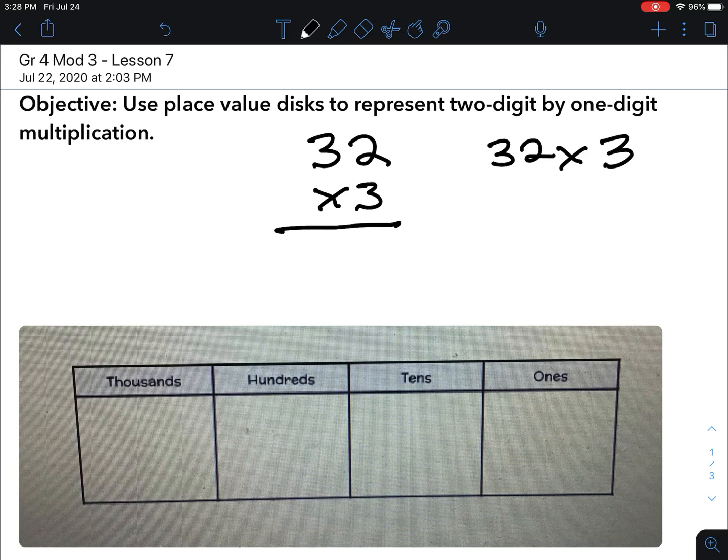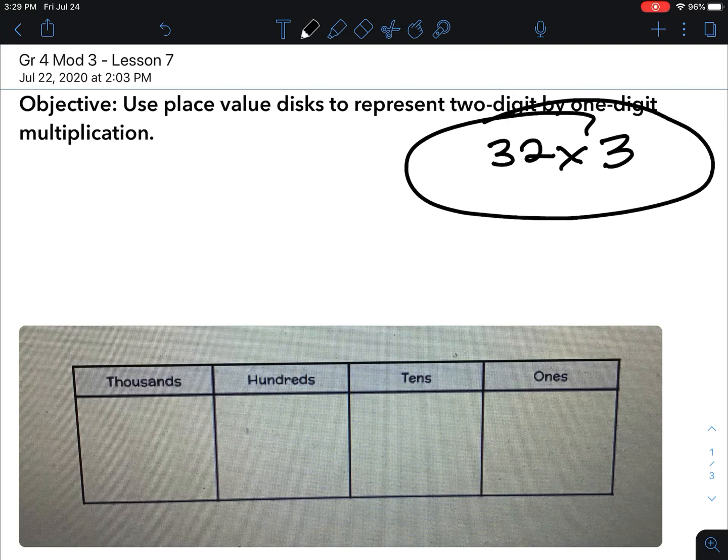So instead of looking at a big number like 32, you're going to break your number into really small numbers that are easy for you to multiply. So what you would do is, let's take this one because it's easier to see, 32 times 3.